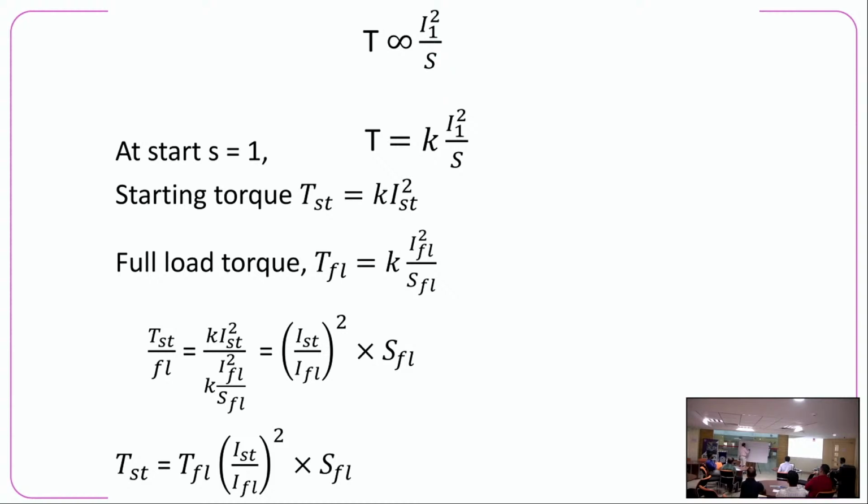Out of that, the rotor copper loss is 3 I2 square R2, or I2 dash square into R2 dash.